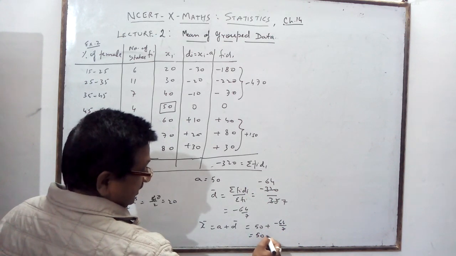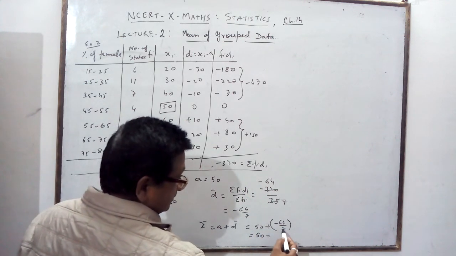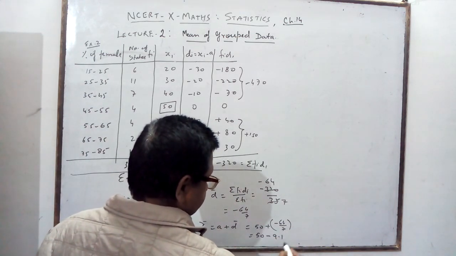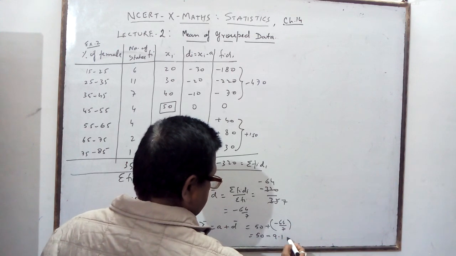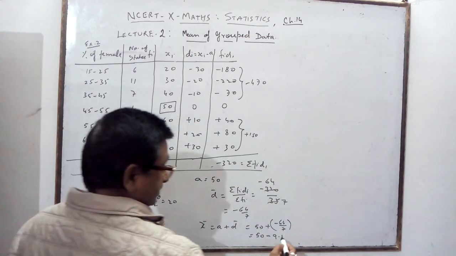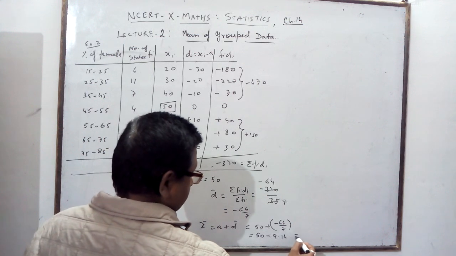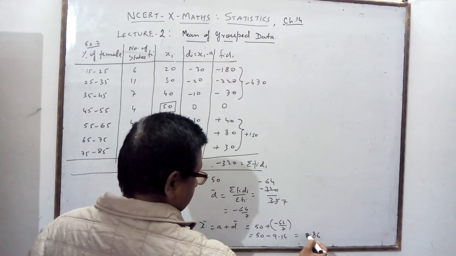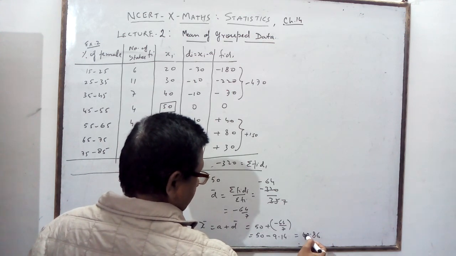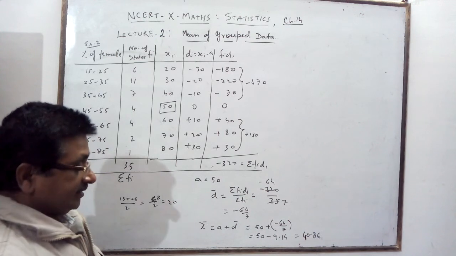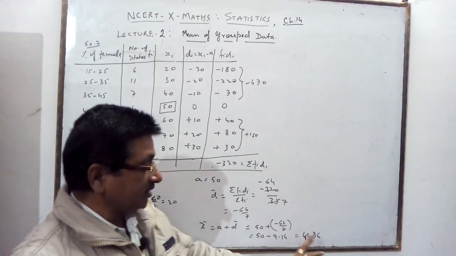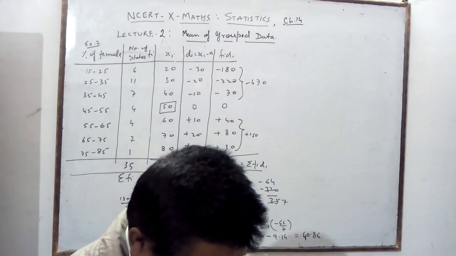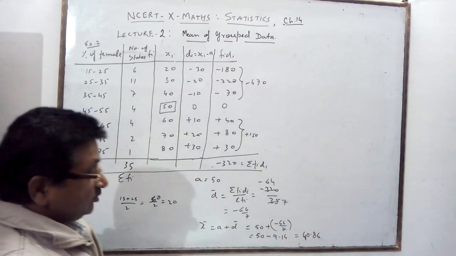So 50 minus 9.14, then subtracting, 40.86. So you are getting approximately 40.86.